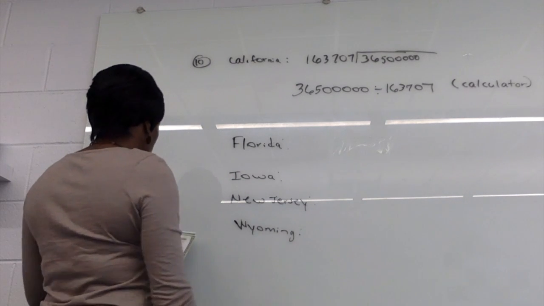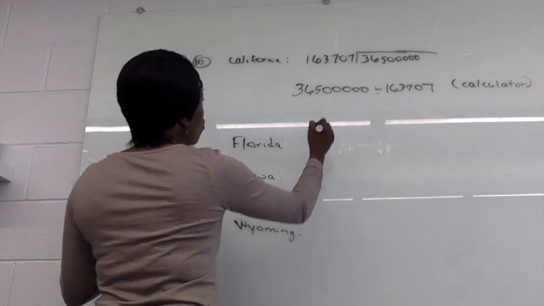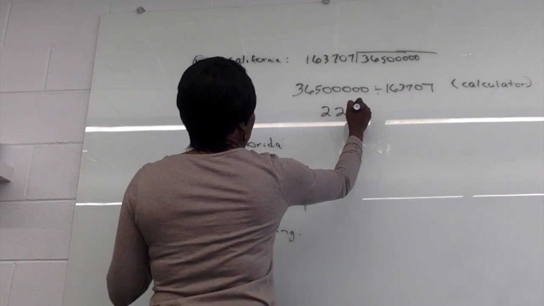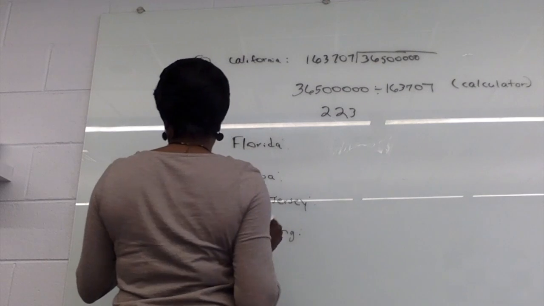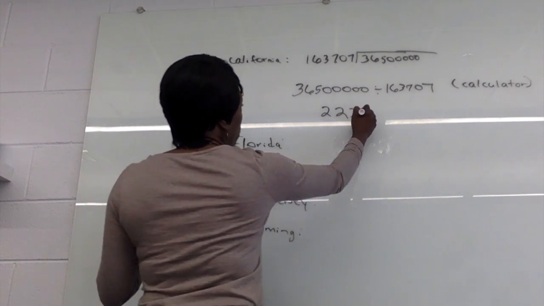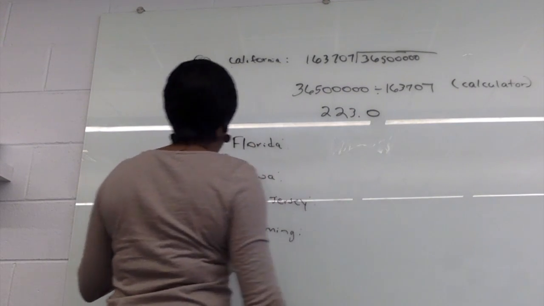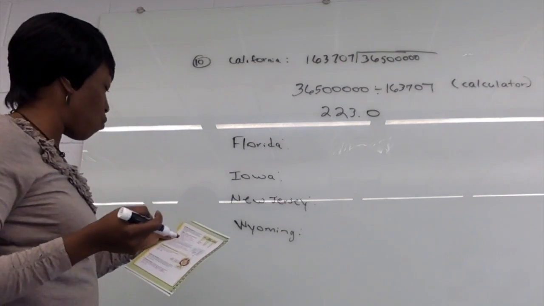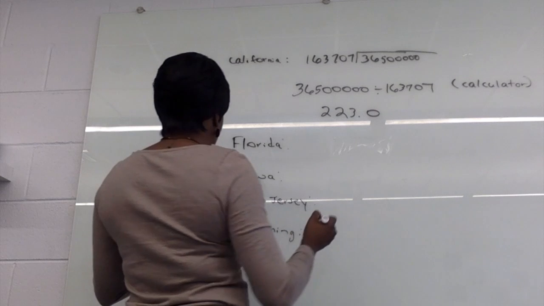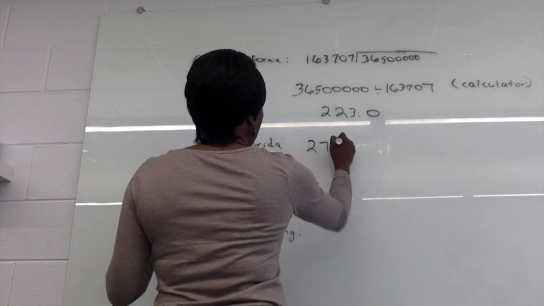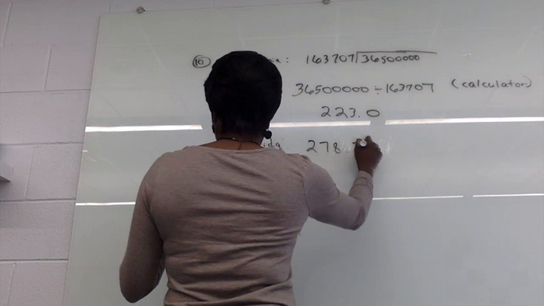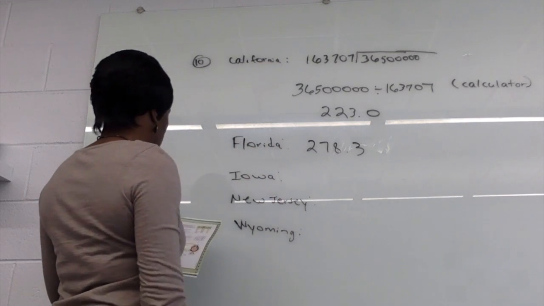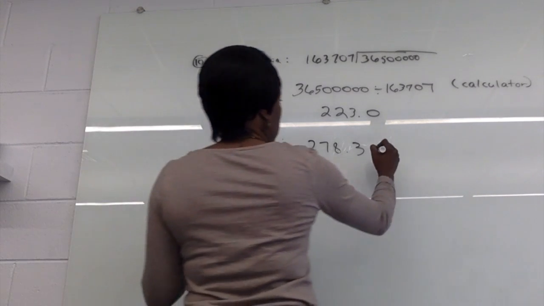Now, when you use your calculator for California, you should get 223.0. It says to round to the nearest 10th, so they're just showing you that there's a 0 in the 10th place for California. For Florida, you should get 278.3 people per square mile.